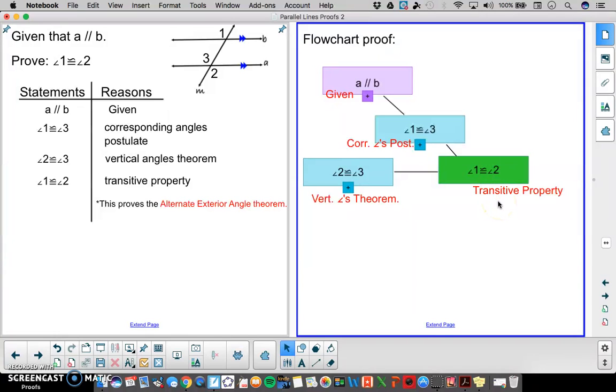So you can see directly how those properties and statements are connected using that flowchart. In our two-column proof, we have all of our steps, but it's not readily apparent as to why the corresponding angle postulate was used. In the flowchart, we can definitely see that it's connected directly to the lines being parallel.